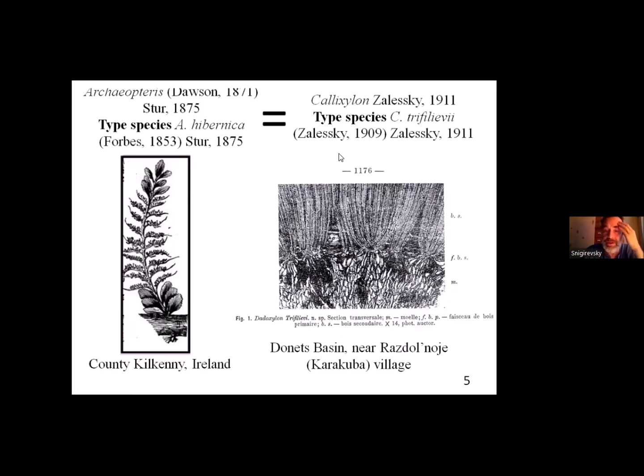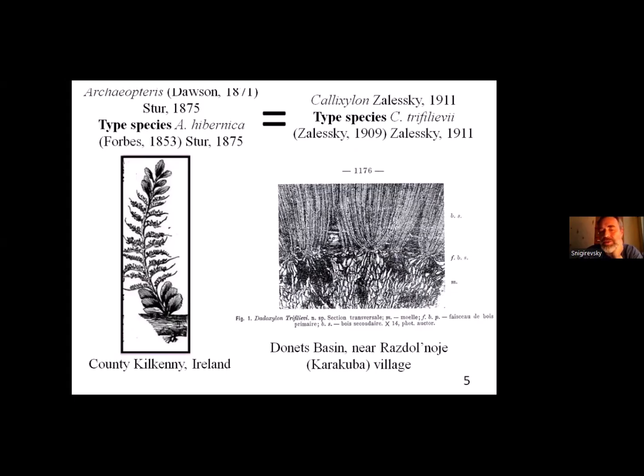Later, in the beginning of the 20th century, Mikhail Zalessky described a new form of Dadoxylon from the Donetsk Basin near Razdolny village, whose former name was Karakuba.